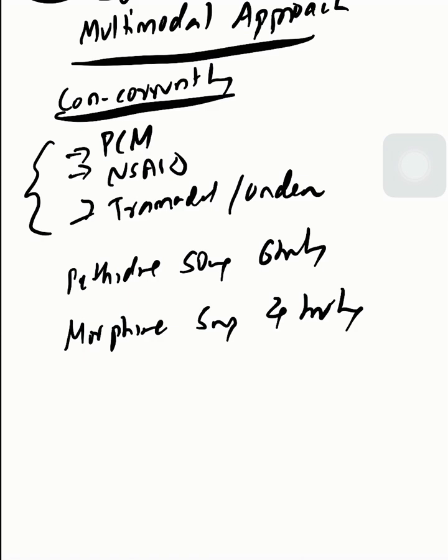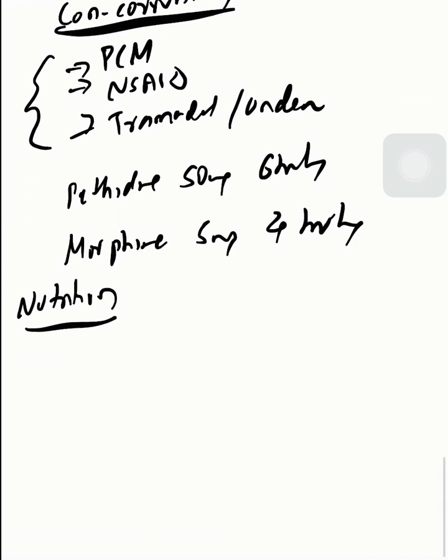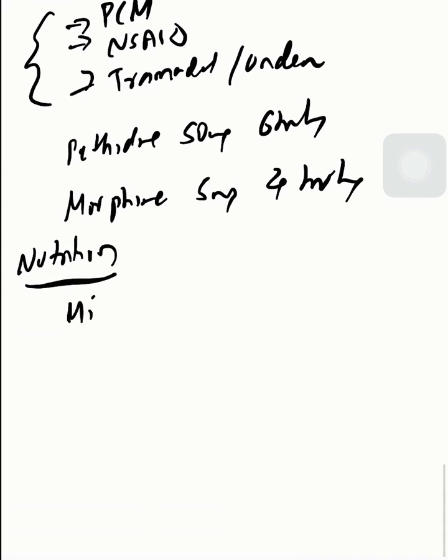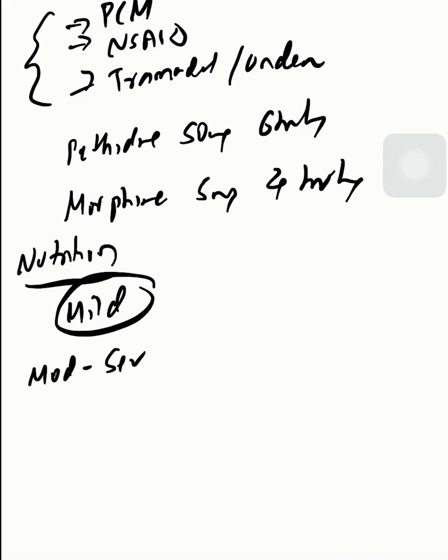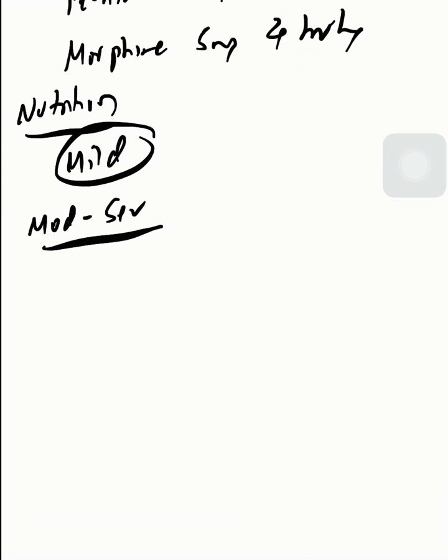Next thing is nutrition. For mild cases we do not keep the patient NPO, and for moderate to severe cases we wait till the patient is able to eat orally. When there is no nausea and no pain, then we start giving oral feeding.